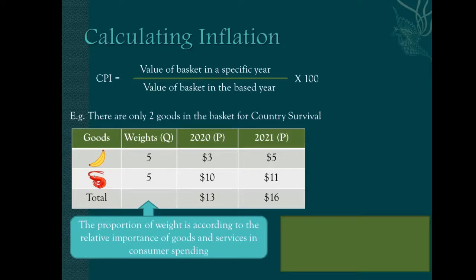Simple human beings. They only need 5 bananas and 5 shrimps to survive for a year. I don't know how they do it, but that's what it is. It doesn't really matter, because they are the weights. You can convert them into percentages; at the end it's going to be the same. It's just a difference of expression.